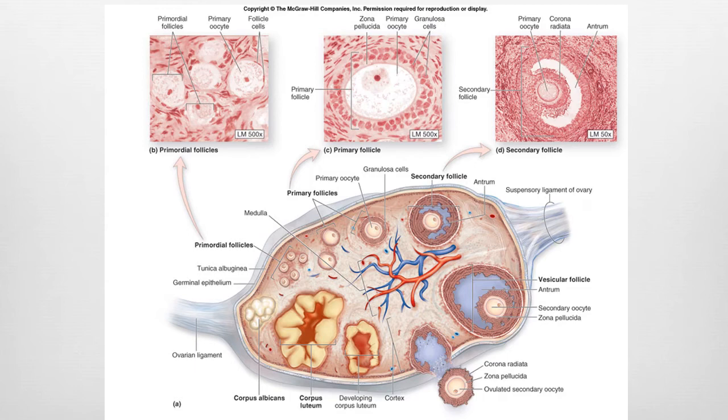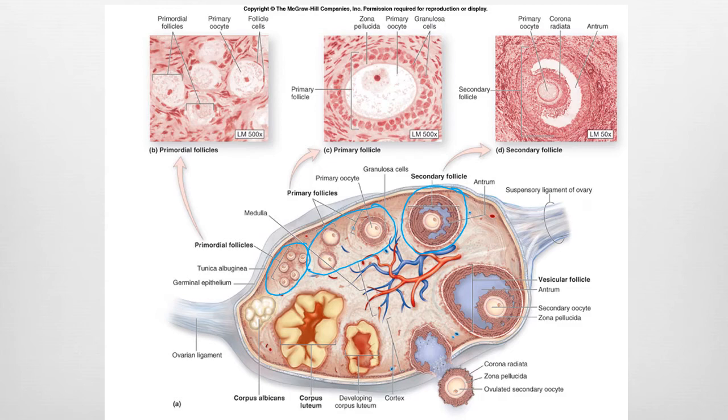And so we're going to see different stages at any given time, making its way from the most primitive of oocytes, we have our primordial follicles. Those then mature into primary follicles. Those primary follicles into a secondary follicle. And we can see that they're getting larger and larger as they grow.